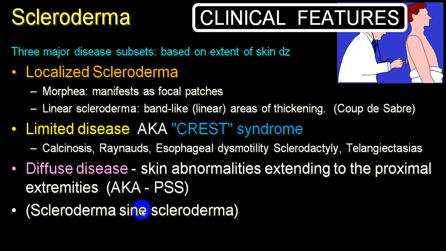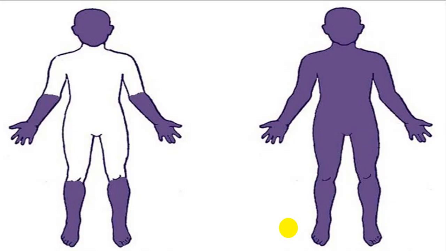While in scleroderma sine scleroderma, it is multi-organ involvement without skin involvement. So this is very odd, but you do come across that. When you get this distal involvement, it is limited cutaneous variety, and when the entire body gets involved up to proximal, it is called diffuse cutaneous scleroderma.